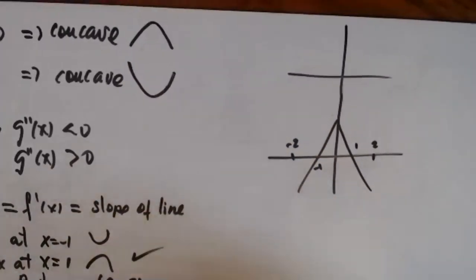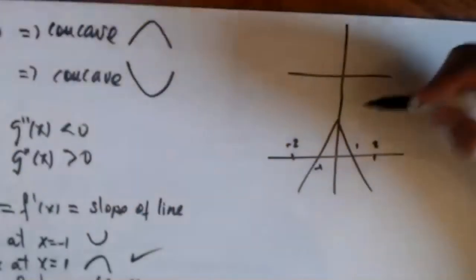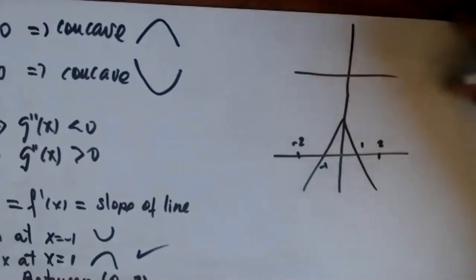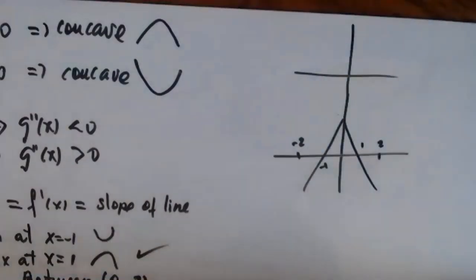If this is the derivative, how could the original function look?